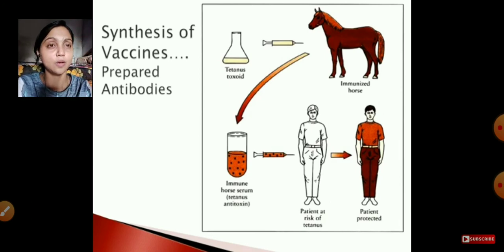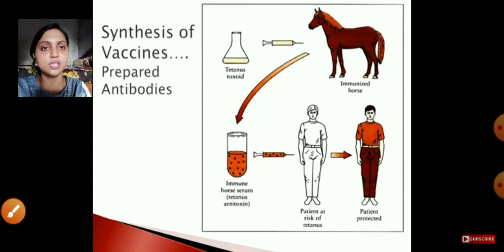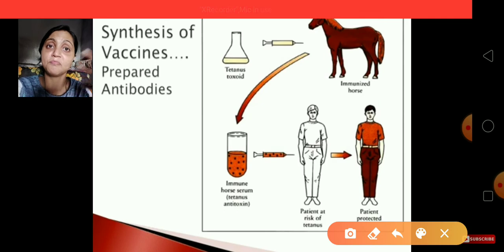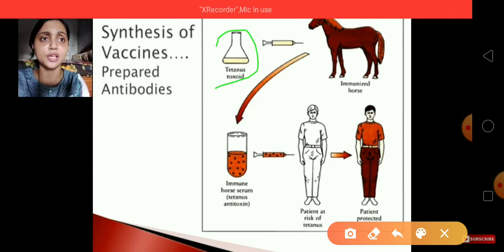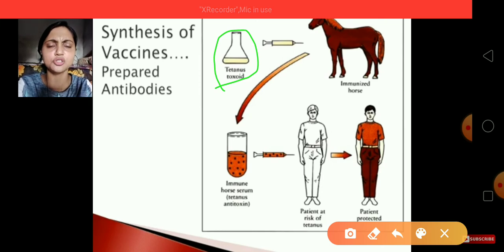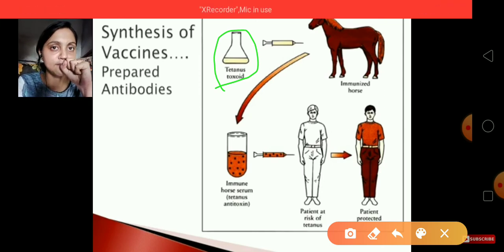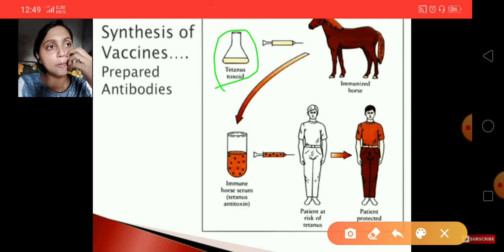I will explain why passive immunity shows allergic reaction. Here we are artificially producing ready-made antibodies, and for this we need the toxoid. As we have studied, the toxoid means only the proteinaceous coat of the pathogen, where the structure and chemical properties of the antigens are present. They cannot produce any disease or infection.